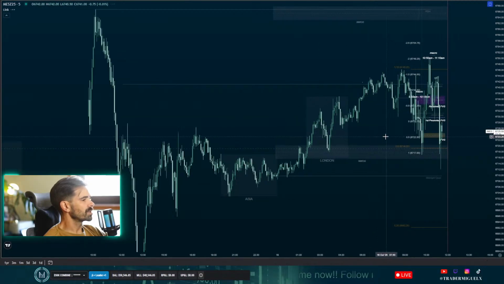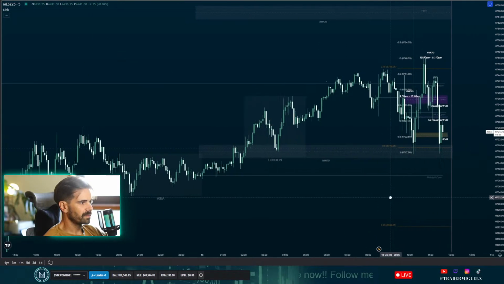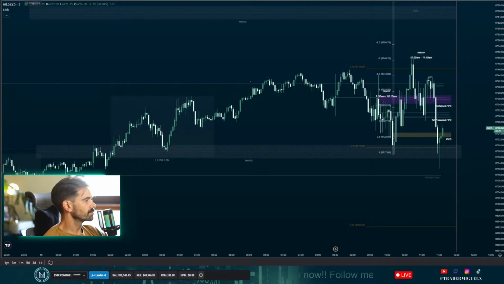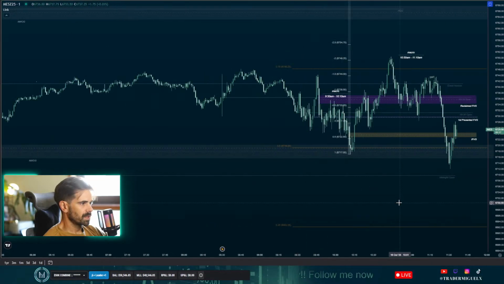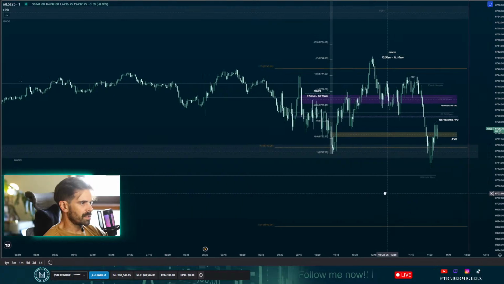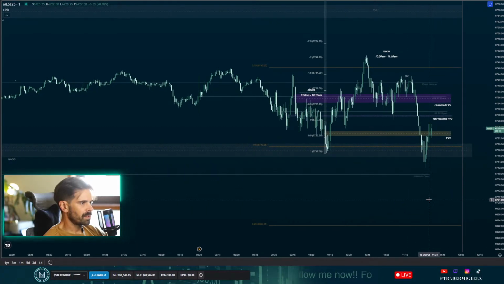I'm just watching the 3 minutes, the 5 minute as well. But so far not offering signs of continuation lower. Let's see if this will be an order block or not.